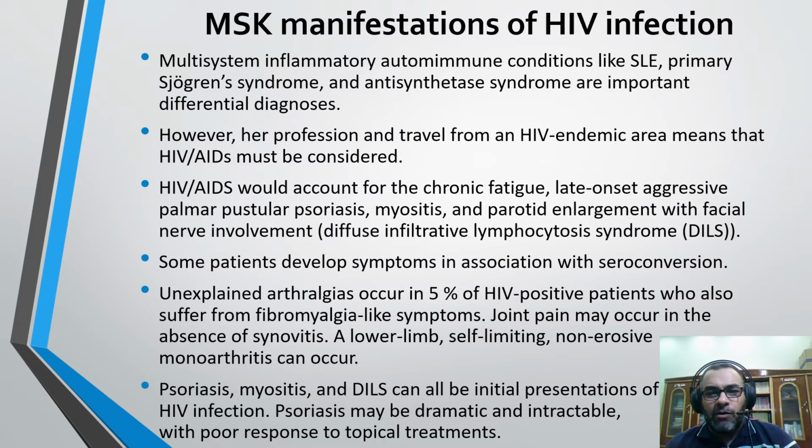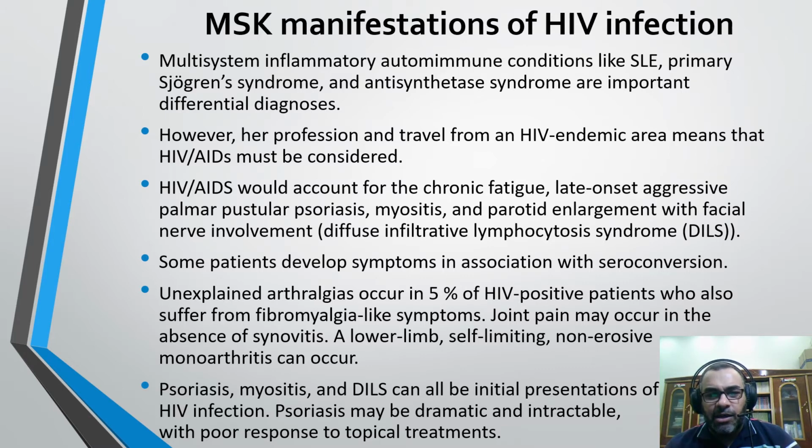HIV would account for chronic fatigue, late-onset aggressive palmar pustular psoriasis, myositis, and parotid enlargement with facial nerve involvement, which is called diffuse infiltrative lymphocytosis syndrome, DILS. Some patients develop symptoms in association with seroconversion.